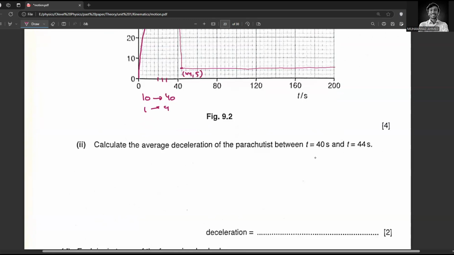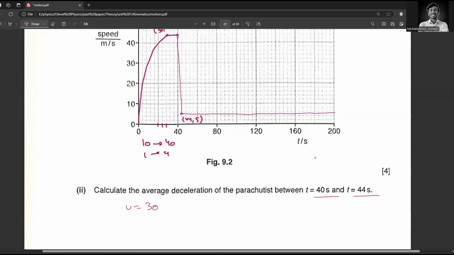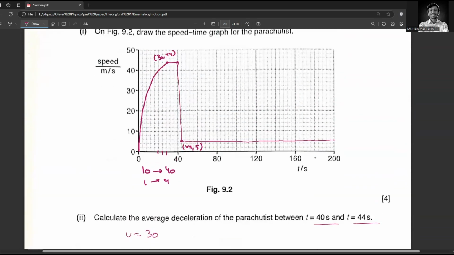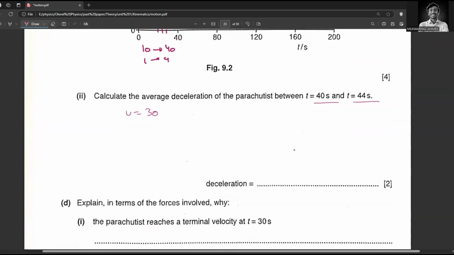Calculate the average deceleration from 40 to 44 seconds. So your initial velocity was 30, as far as I remember, yes. No, your initial velocity was 44. Yeah, initial velocity was 44, and your final velocity is 5. And the time taken is 4 seconds.